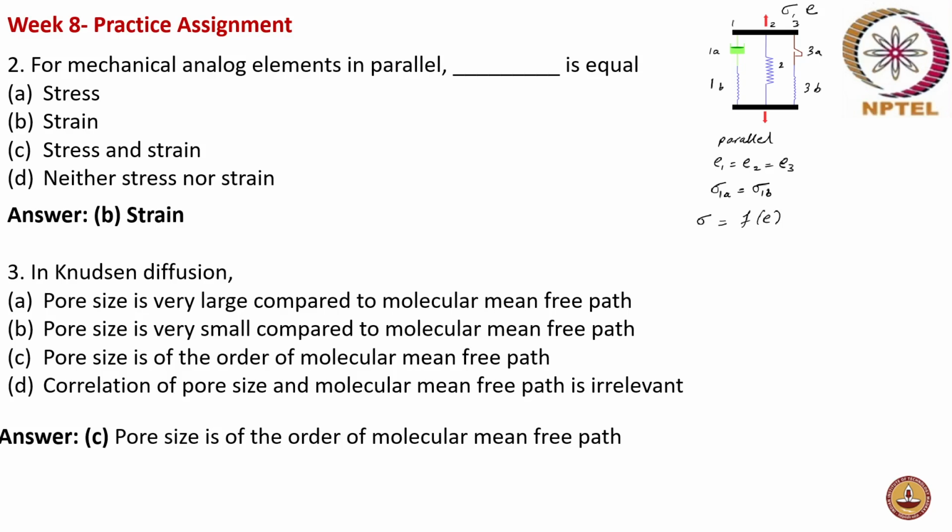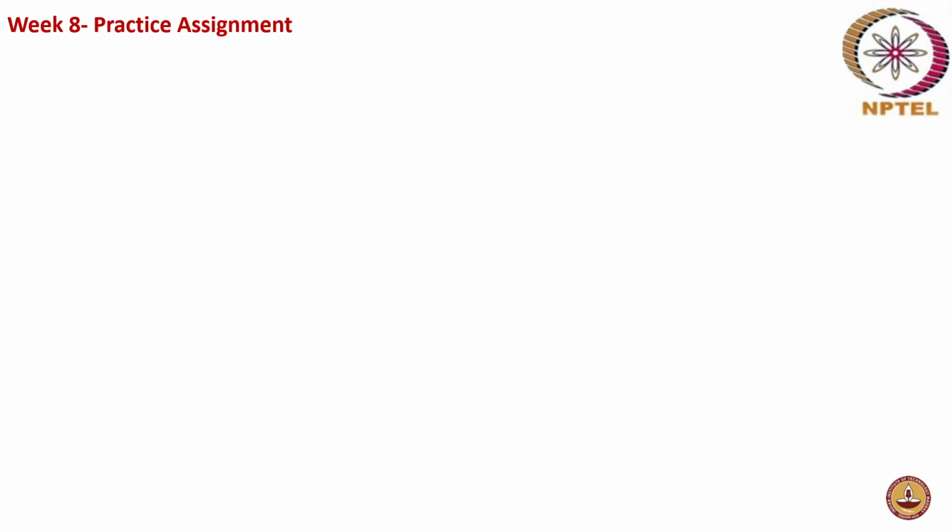So what happens if the pore size is very large compared to your molecular mean free path? If it is a very large pore, then there will be more particle-particle collision than particle-pore collision, and that becomes more like a bulk diffusion, and it's not Knudsen diffusion. Okay. Hope you got an idea.